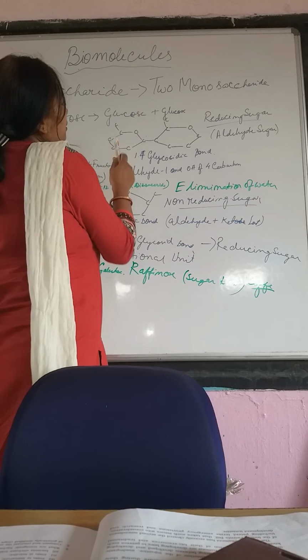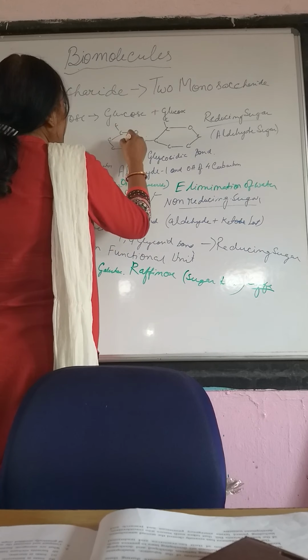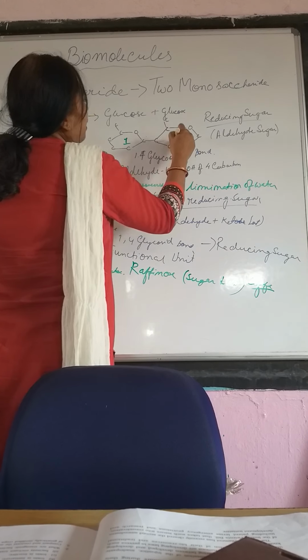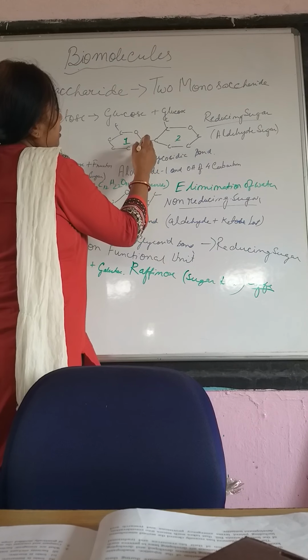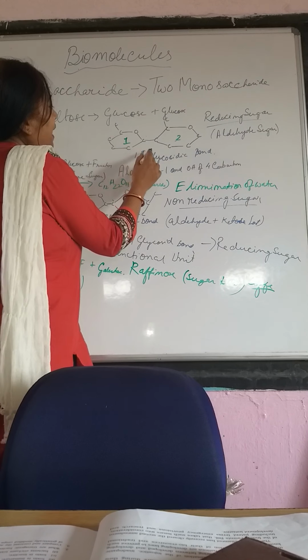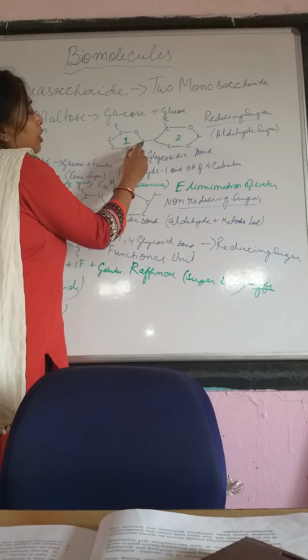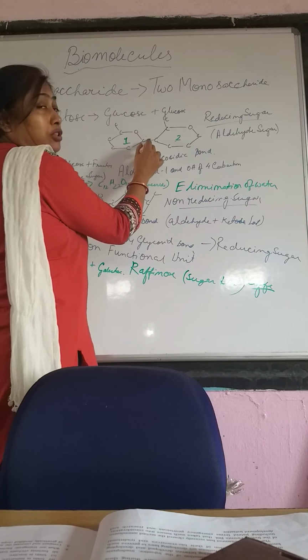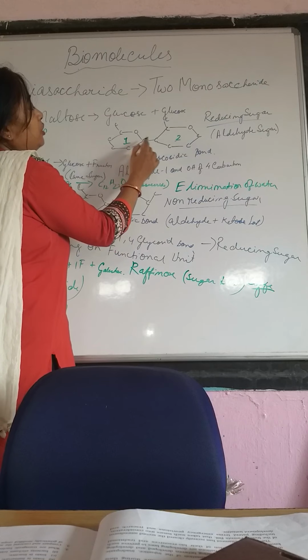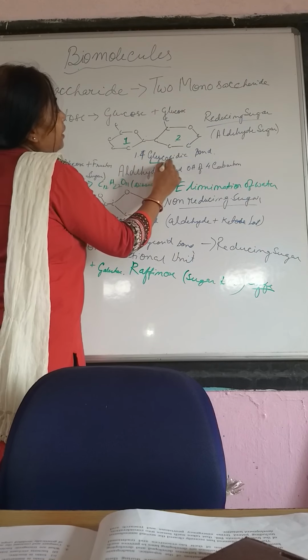Here is molecule number 1 and here is molecule number 2. This position means 1 and 4: the first carbon of one joins the fourth carbon of the other by a glycosidic bond.